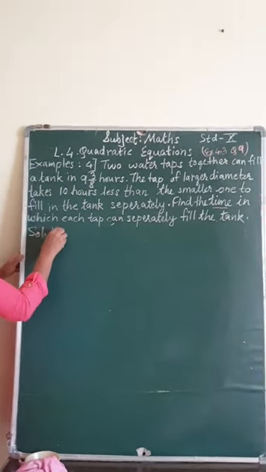And what they have given is that one whole tank will be filled together in 9 whole 3/8 hours. So first we will write, in 9 whole 3/8 hours, how much portion of the tank will be filled?